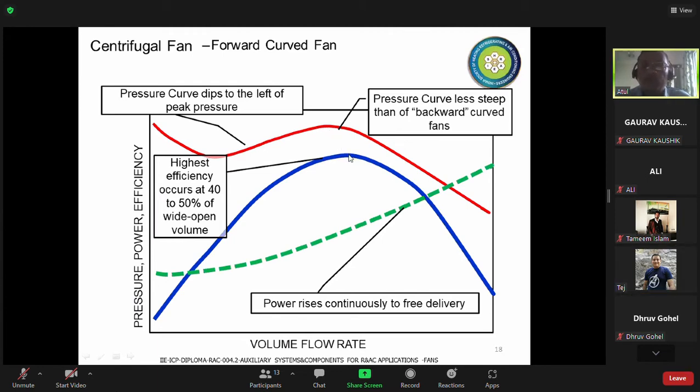We want to select a fan which is close to the peak efficiency, maybe not exactly at 100% of it, but close. And peak efficiency will always be after the peak of the pressure. So that's why I told you that we do not buy a fan at the peak pressure.